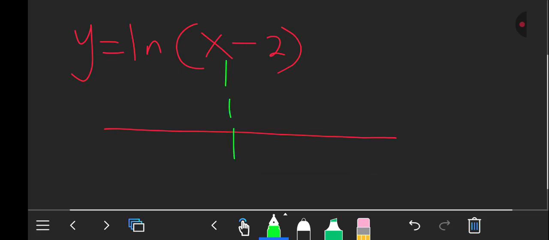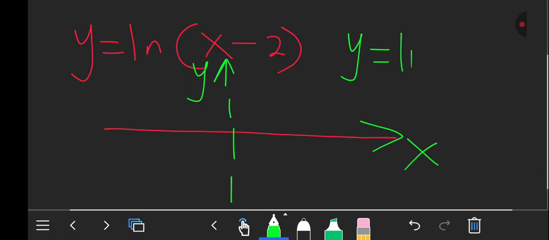The y-axis is the asymptote, but the graph can cross the x-axis. If you saw from what we drew, like y is equal to ln x, the graph was coming like that.